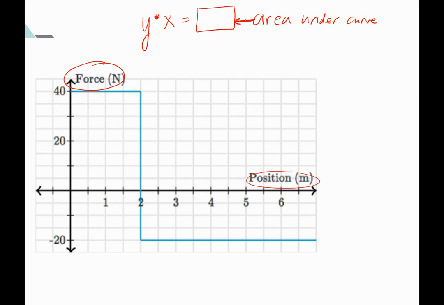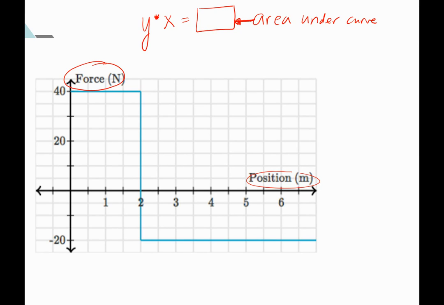Now, if you watched the Physics Girl video, which is really good, or rather, not the Physics Girl video but the Crash Course video, one thing that she talks about is the integral. If you are in calculus or you've already done calculus, then you know the area under the curve is going to be the integral.